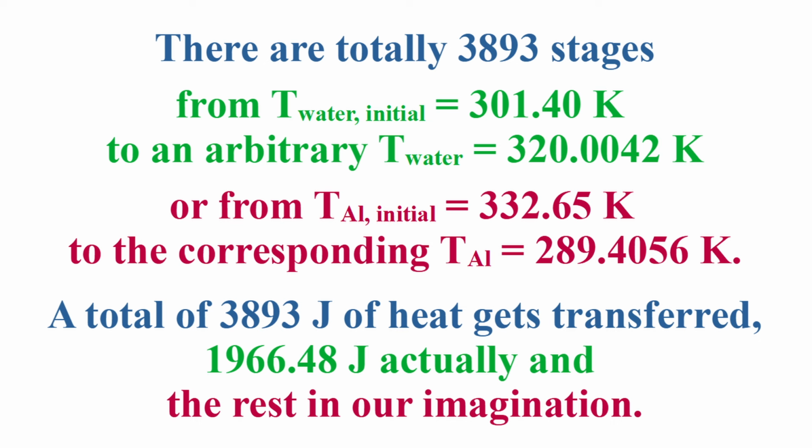From the beginning up to this arbitrary final state, there are 3,893 stages, constituting a total transfer of 3,893 joules of heat, out of which 1966.48 joules get actually transferred, and the rest happens only in our imagination.